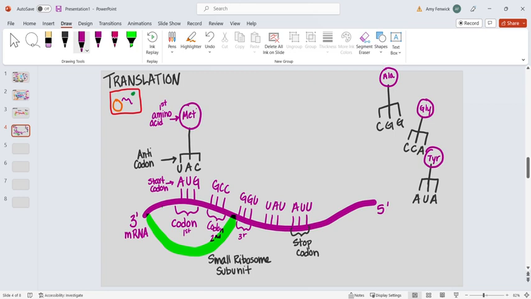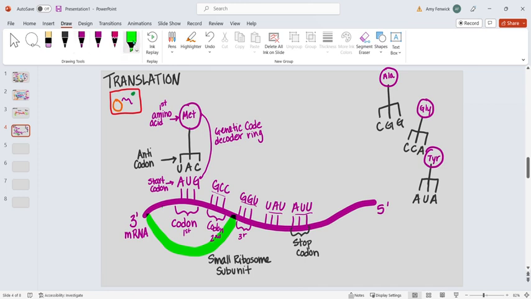It matches an amino acid with its codon, and this is what the genetic code helps us figure out. We can find these codons on the genetic code, and we can also find what amino acid goes with them. So the genetic code is a very powerful decoder ring, basically.